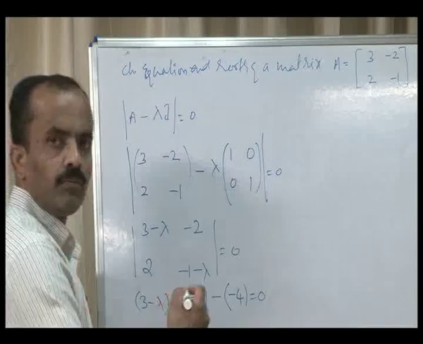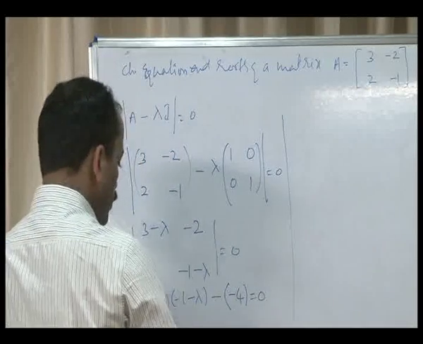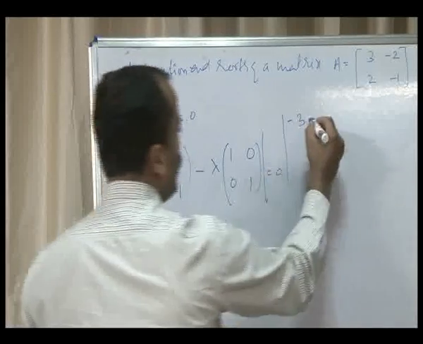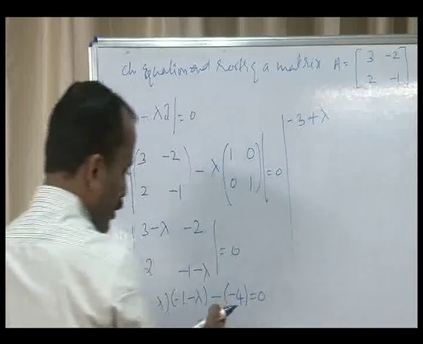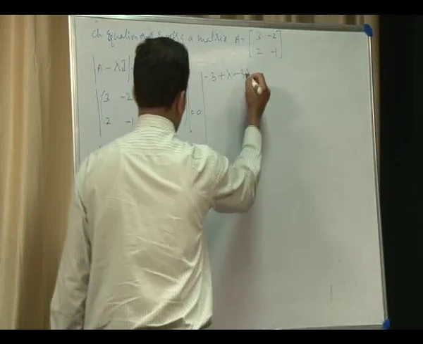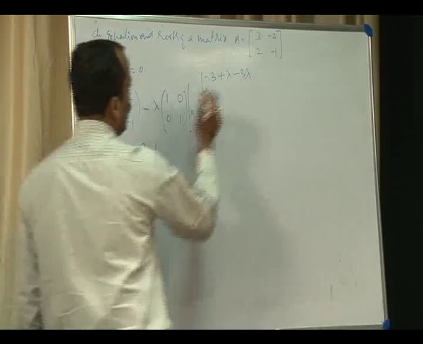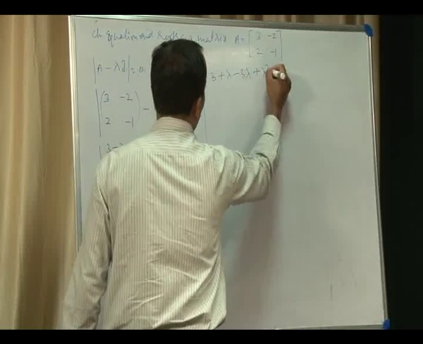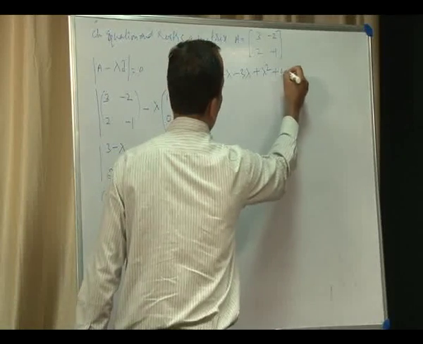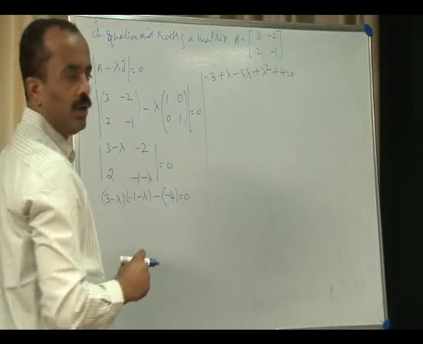Minus 1 into 3 is minus 3, minus 1 into minus lambda is plus lambda. Minus lambda into 3 is minus 3 lambda, minus lambda into minus lambda is plus lambda square, minus of minus 4 is plus 4, is equal to 0.